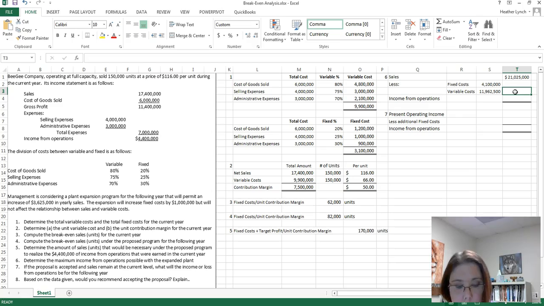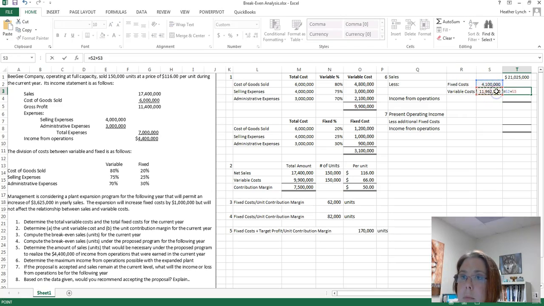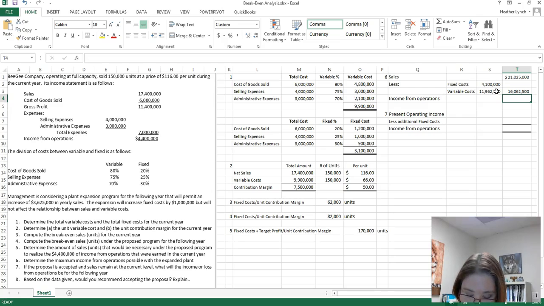So our total expenses are the 16,062,500. We subtract those two, our sales minus our expenses. So our new income from operations is 4,962,500.